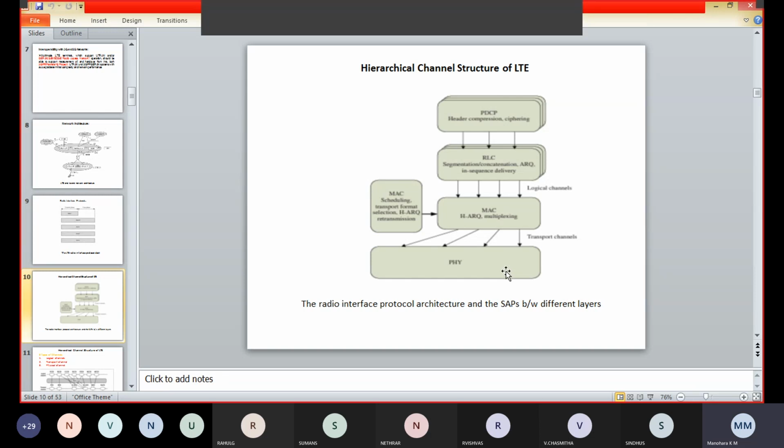So the uplink shared channel, that is ULSCH, is the uplink counterpart of the DLSCH. Here it can be associated to the CCCH, DCCH and DTCH logical channels, which supports HARQ, dynamic link adaptation and dynamic and semi-persistent resource allocation.